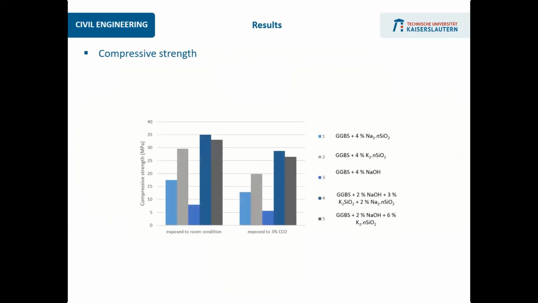In this slide, we can easily observe the comparison between the GGBS activated mortars which were cured for 7 days in room condition, in the left columns, and in the right columns we can observe the compressive strengths of specimens which were exposed to 3% carbon dioxide for about 7 days.